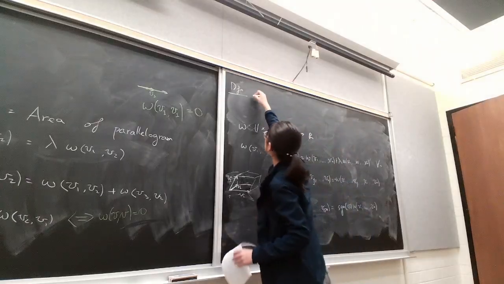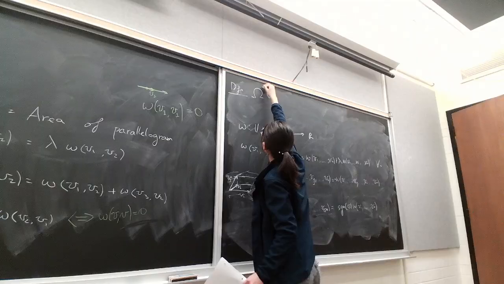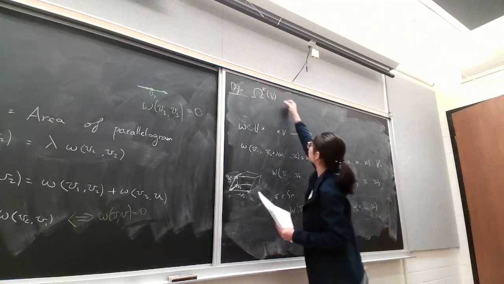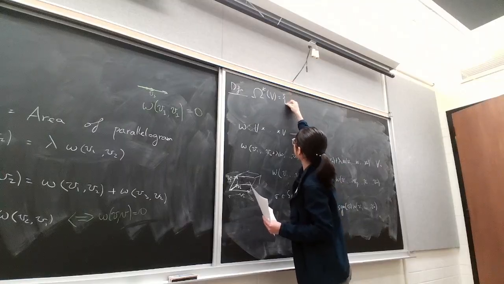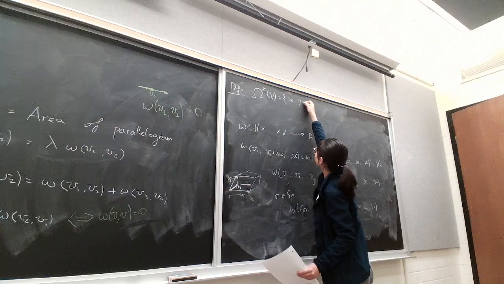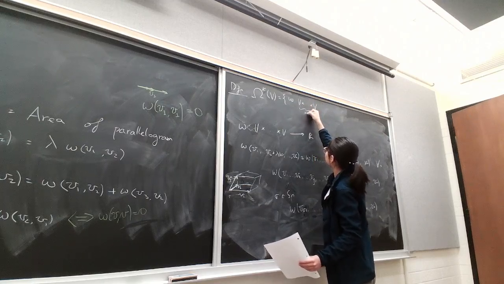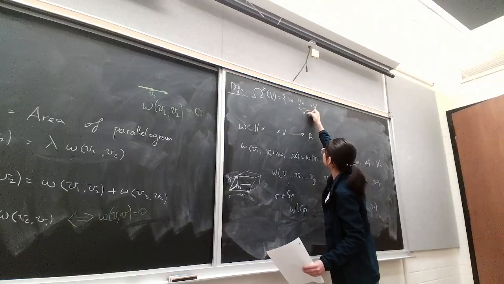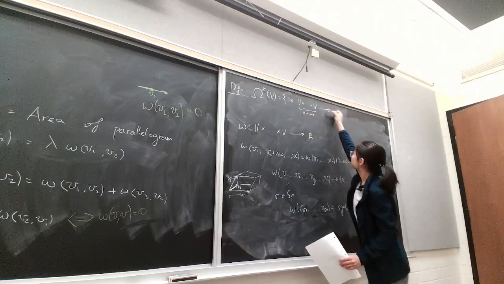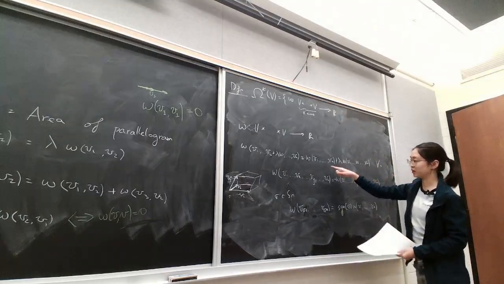Definition. This is equal to the set of all functions from V cross itself k times to the real numbers, and basically with these two properties.